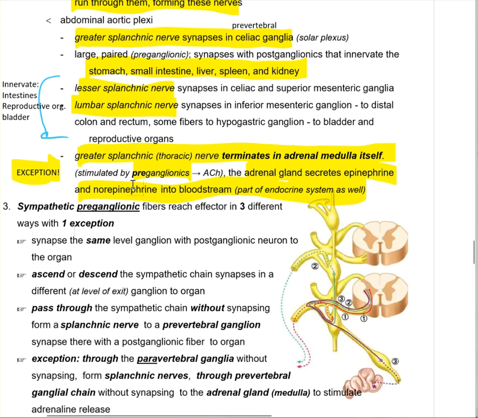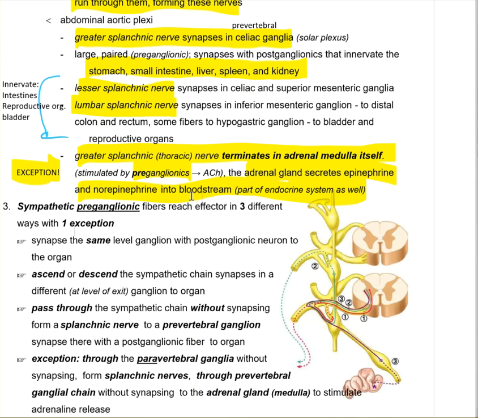So in this case, if we want to release epinephrine and norepinephrine as a hormone into our bloodstream, and that will help increase our sympathetic effect, we send the message along one nerve, this greater splanchnic nerve, one fiber. We never synapse, and it gets to the adrenal gland really fast, and it releases that epinephrine and norepinephrine as quickly as possible into the bloodstream. So that may be the reason why that's the case.